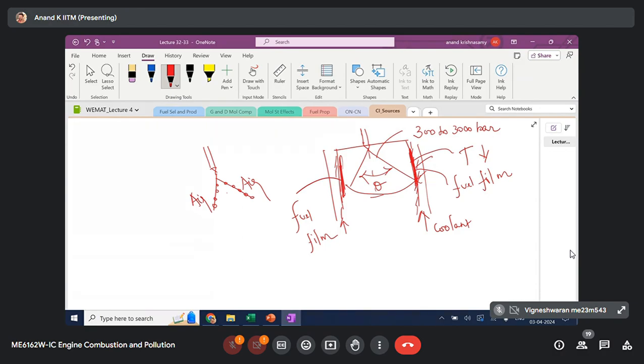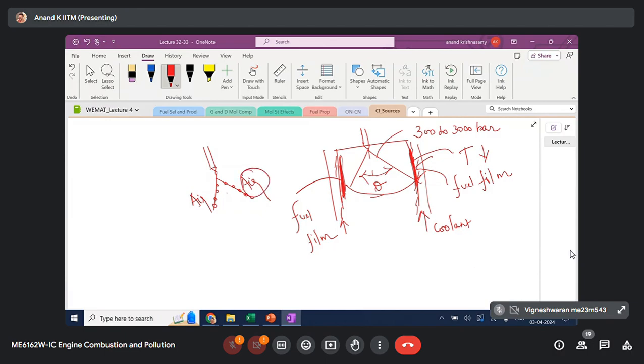Considering the time scale involved, the time scale is typically microsecond or millisecond, at the most millisecond, microsecond, or nanosecond. It may also be nanosecond depending on the engine running speed. So the drop has to form. If there is no formation of drops, if the fuel is forming a continuous film, the problem is air cannot entrain. Until air entrains, there is no vaporization, because the latent heat of vaporization for converting liquid phase fuel to vapor phase fuel is obtained from air.